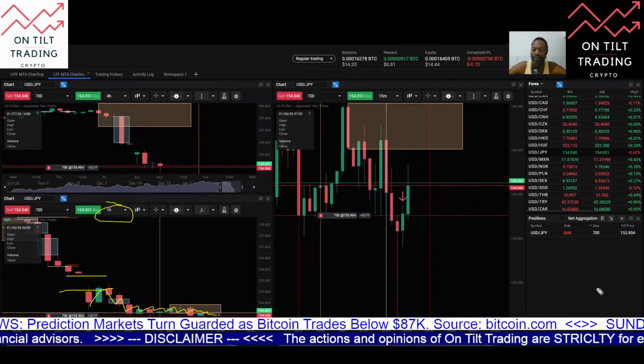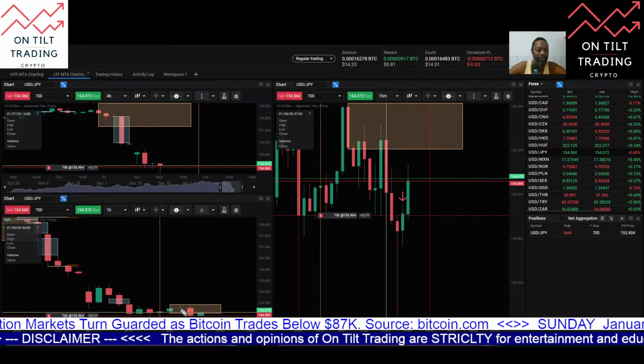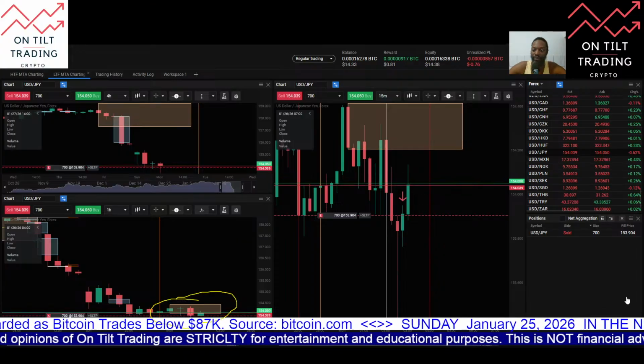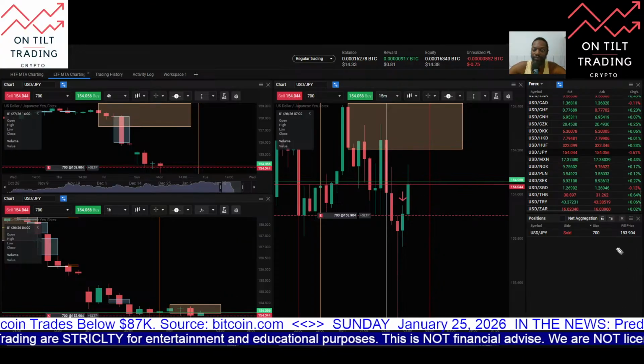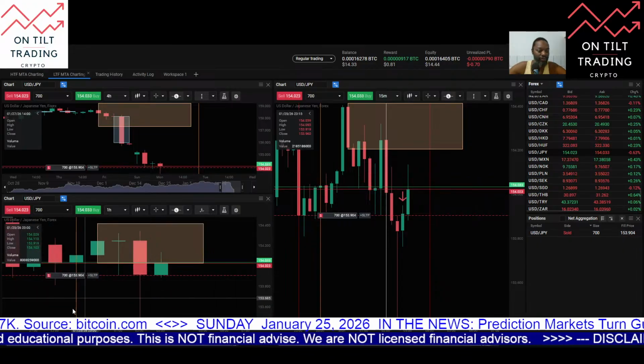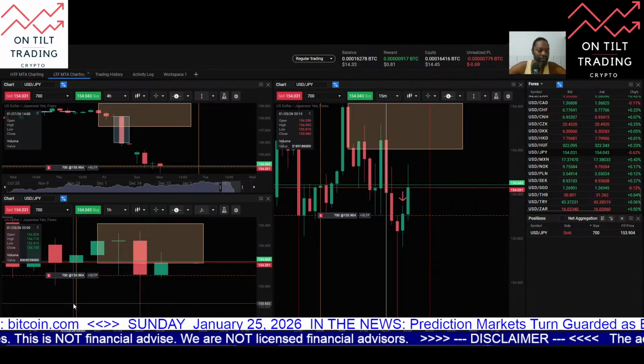this level. In addition to that, you can see here this morning during the London session, or just before the London session, a structure shift took place here to the sell side.